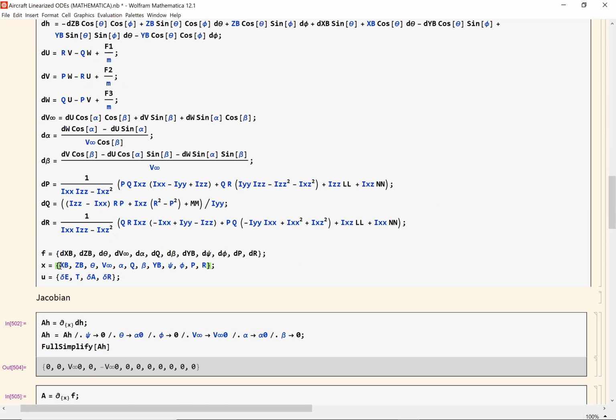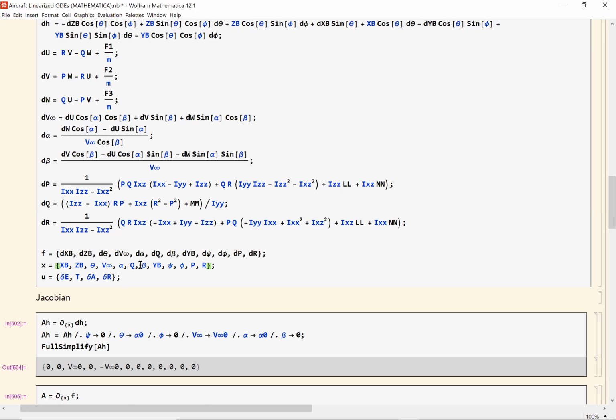I chose the first two positions, X and Z, so everything that happens in the longitudinal plane of symmetry of the airplane, the pitch angle, which is the angle of rotation about the Y body axis, then the airspeed, V infinity, the angle of attack, alpha, and Q, the second component of the angular velocity, and these are the first 6.